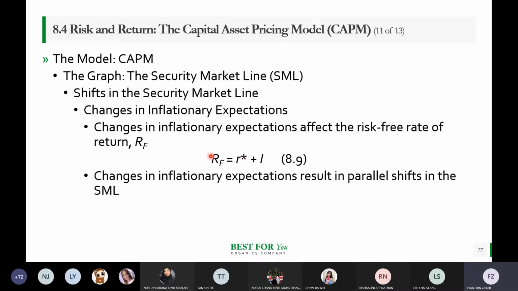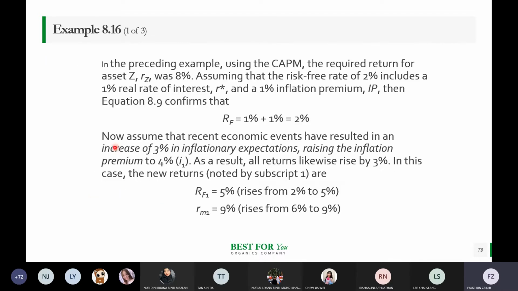So the risk-free rate, even the treasury bills, will go up if the inflation rate goes up. You can see during the 1970s, but nowadays the inflation rate has been very tame, more or less around 3%. Changes in inflation expectation result in a parallel shift in the SML, security market line. So what does that mean here?